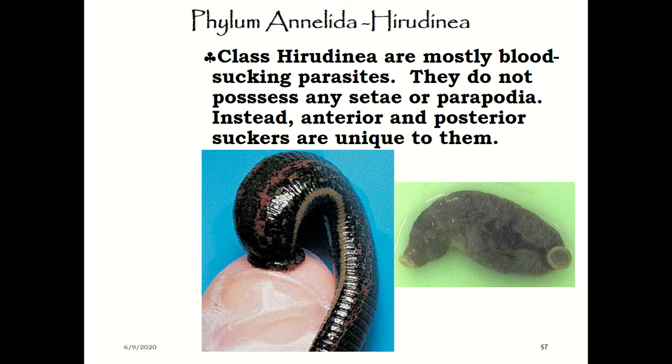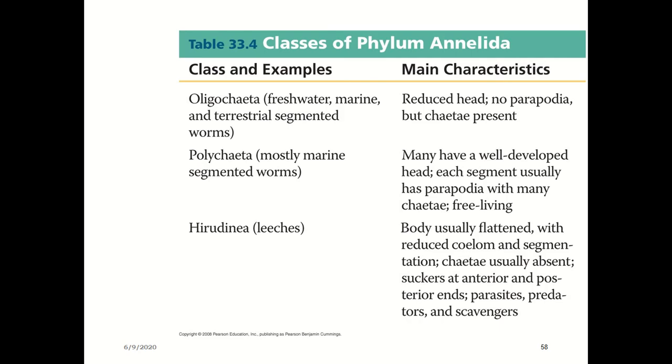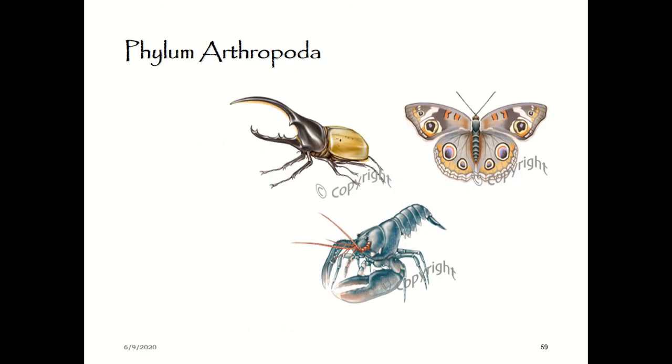Instead, the anterior and posterior suckers are the unique characteristic for them. So this is the conclusion, or the short notes, for the three classes under the phylum Annelida. You can read them by yourself later.